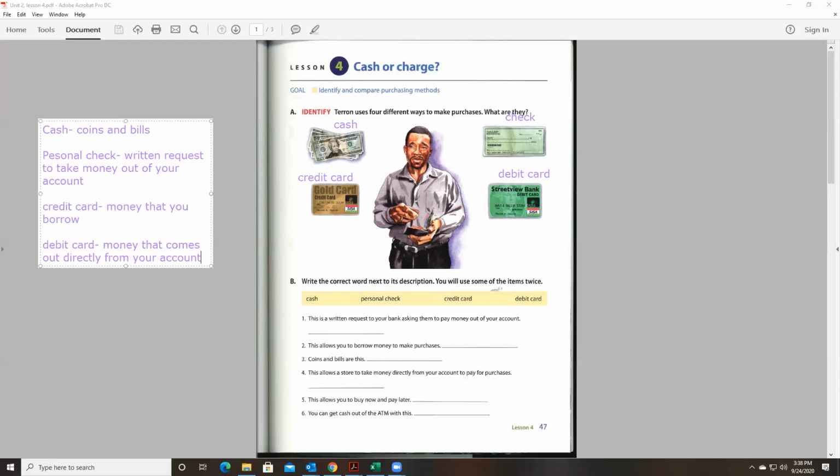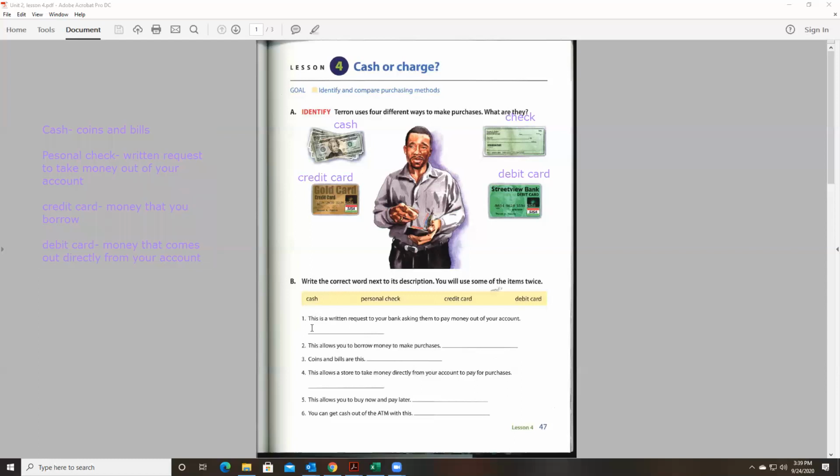What is that? Is that a personal check, cash, credit card, or debit card? Okay, that is a personal check.